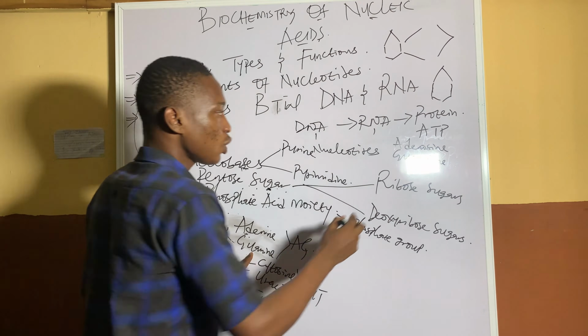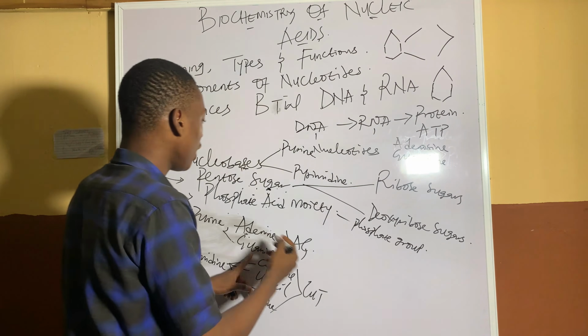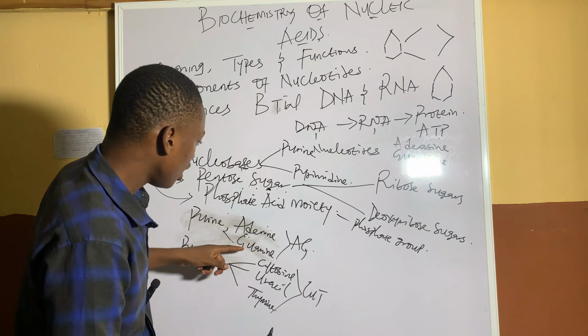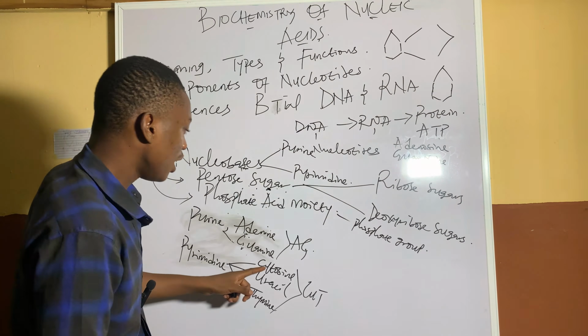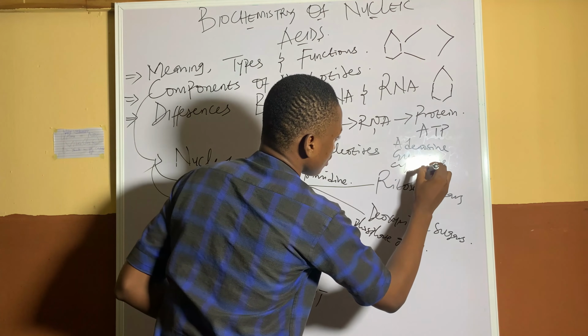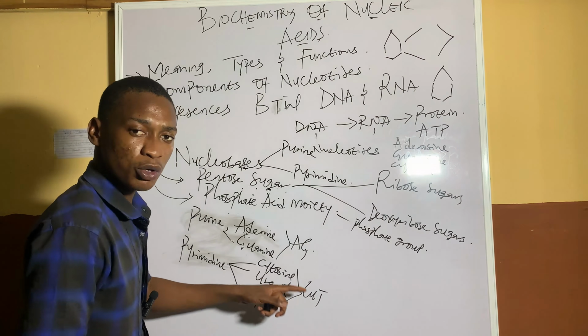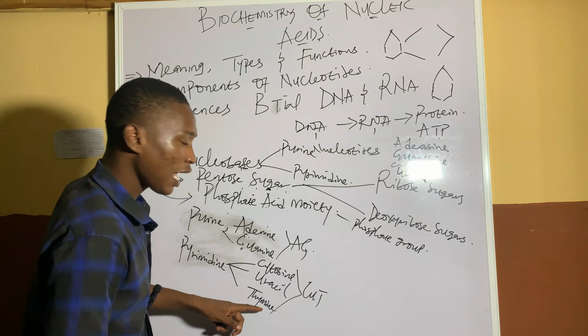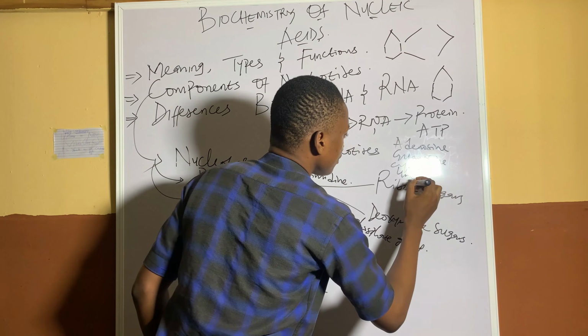Nucleotide, don't forget. So I'm still giving examples of the nucleosides that we have. So we are done with the purine. Adenine plus sugar is adenosine. Guanine plus sugar is guanosine. Now cytosine plus sugar is cytidine. Uracil plus sugar is uridine. Thymine plus sugar is thymidine.